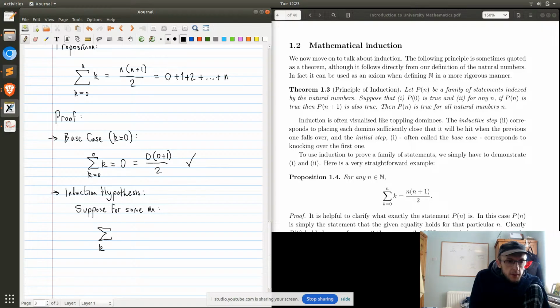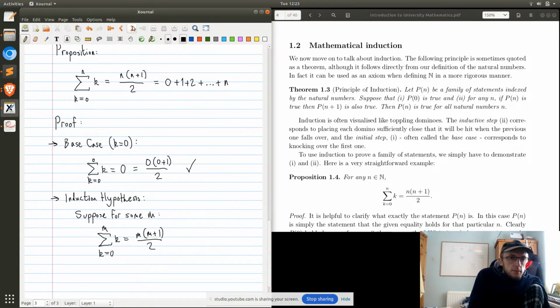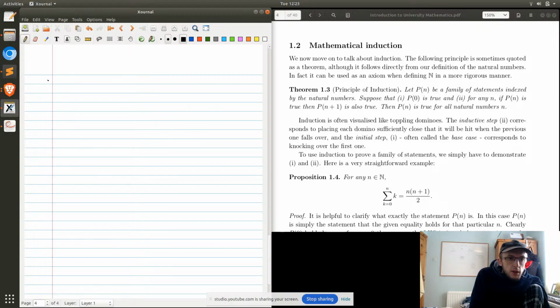So what I'm doing now is I'm saying that I'm going to imagine that there's some m for which this actually holds. And now the induction step.